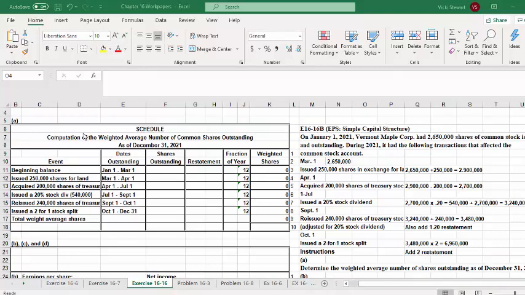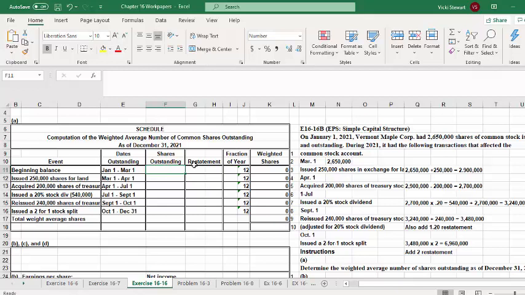So I have a schedule that I'm going to use to compute the weighted average number of common shares outstanding at December 31st, 2021. First, we're going to go through each of the different transactions and calculate the number of shares that were outstanding and the restatements, and then we'll do the fraction of the year, and the spreadsheet will calculate the weighted average and we'll get the total.